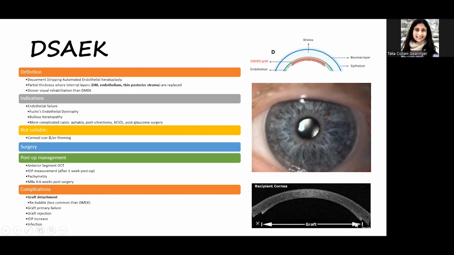And depending on how much of the graft is detached or where exactly it is detached, then we decide if we have to do another bubble, or what we call a rebubble, to be able to reattach or bring that tissue back into the patient's cornea. As with any other transplant, there's a risk of failure, rejection, high pressure, infection, and inflammation.